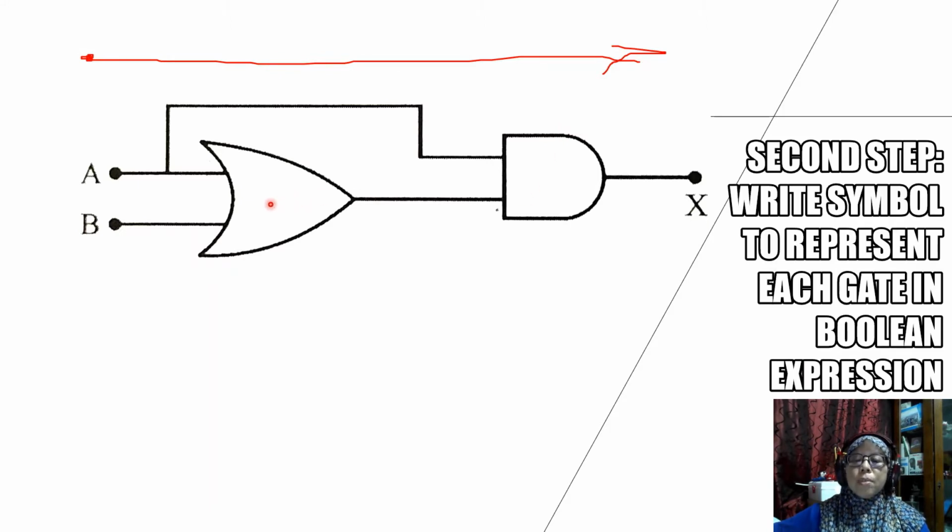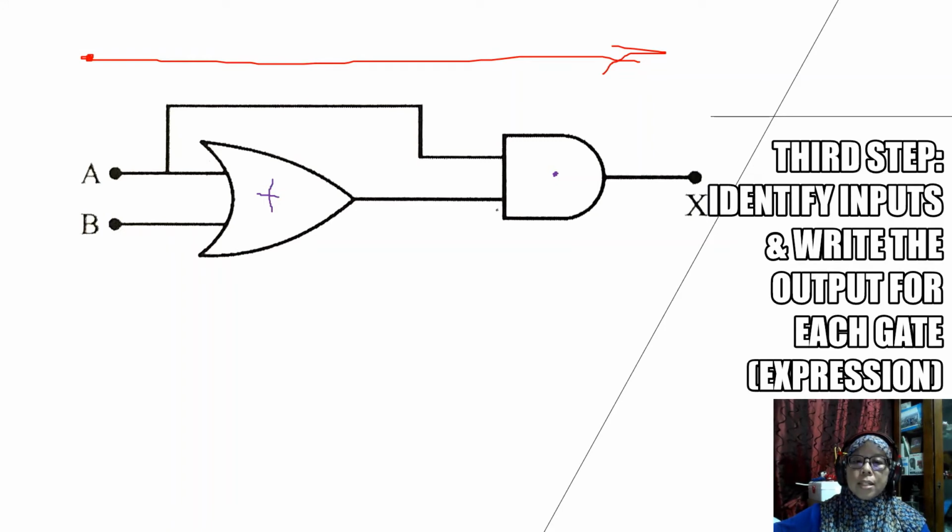Okay, second step, to write the Boolean expression, there are certain symbols that we need to use to represent the gates, right? So for the OR gate, bila kita tulis expression untuk OR gate, we're going to use tanda tambah, and for the AND gate, we're going to use tanda dot, right? Okay, that one is second step.